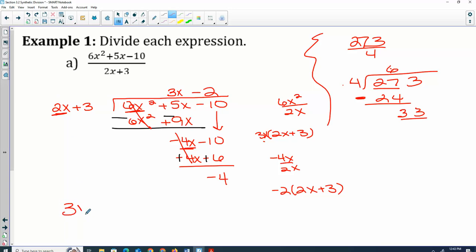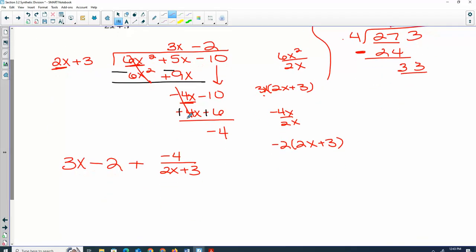Typically, how we'll see that written, 3x minus 2, that's my quotient. You can write plus negative 4 over 2x plus 3 if you want, or just minus 4 over that. But you put your remainder, that negative 4, over the thing we were dividing by. So that is long division.